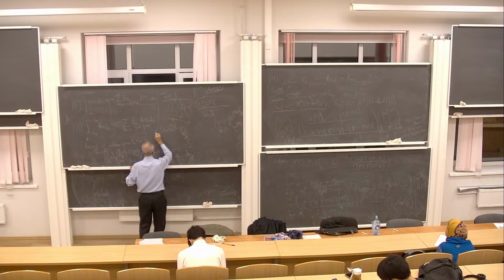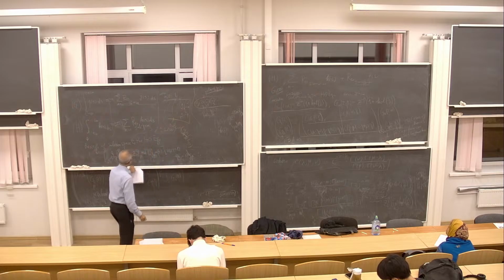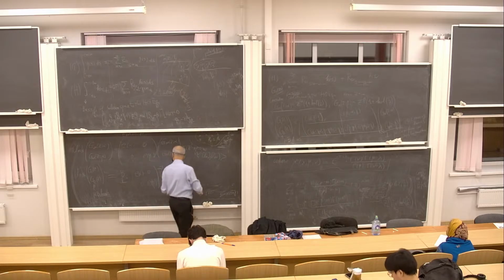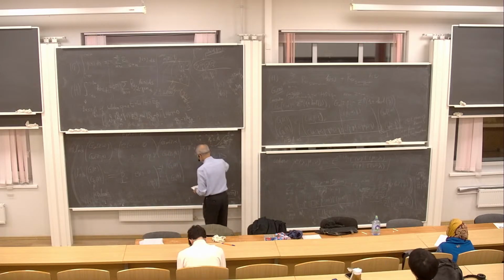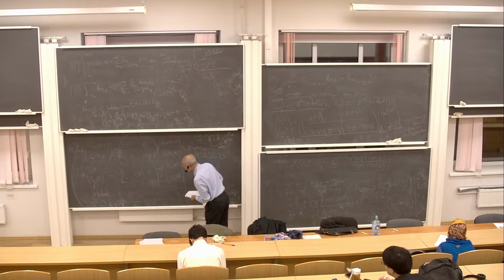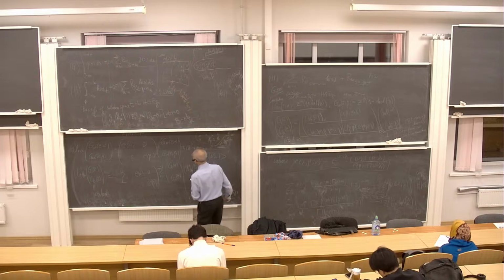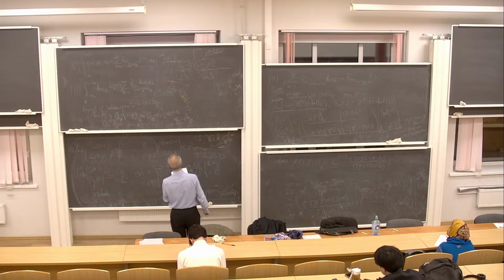So the monodromy around z equals 0 of G1, G2 is simply 1, 0, 0, e to the power 1 minus gamma.